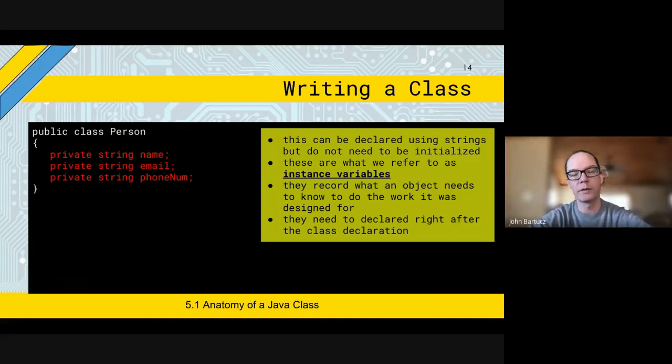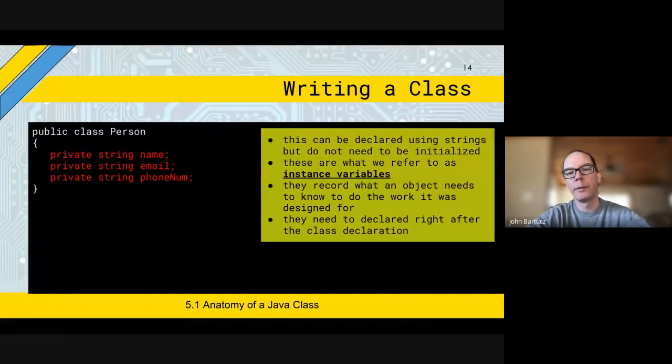And in those methods, we're going to make sure that the email address is a valid email and the phone number is a valid phone number. So we want to be able to control who gets to set these properties and how they get to set them and read them. So that's why we make them private.